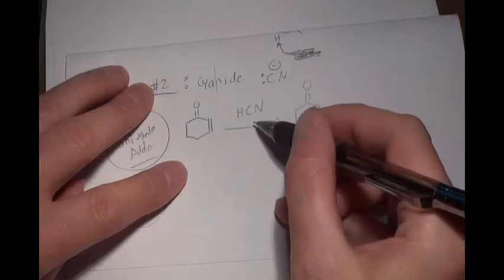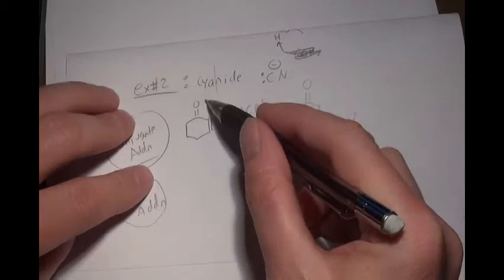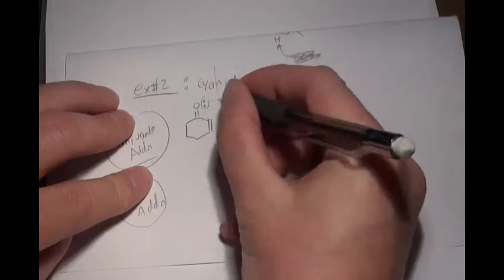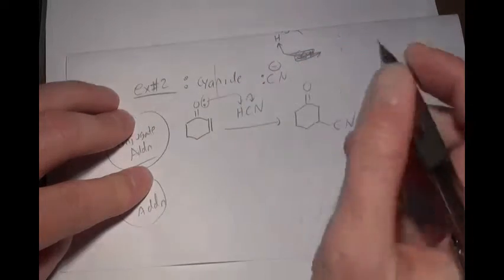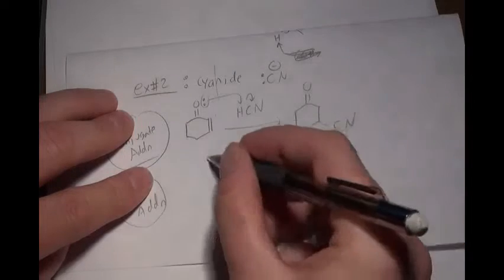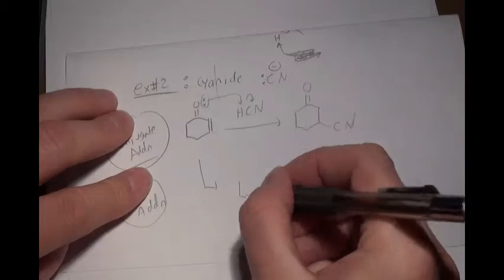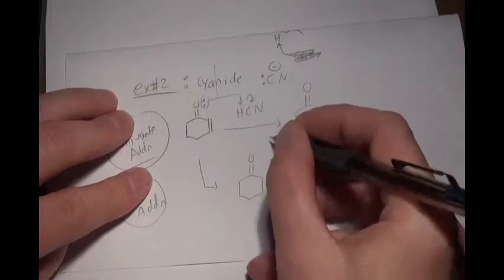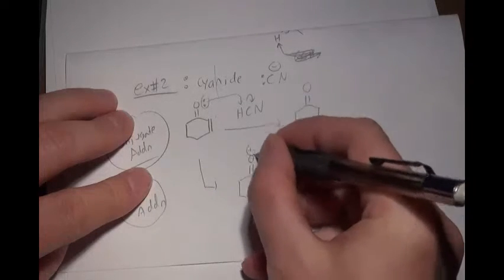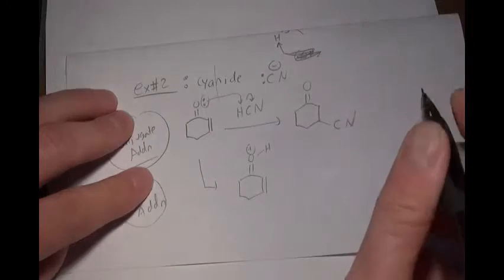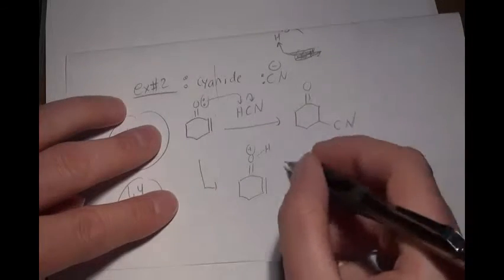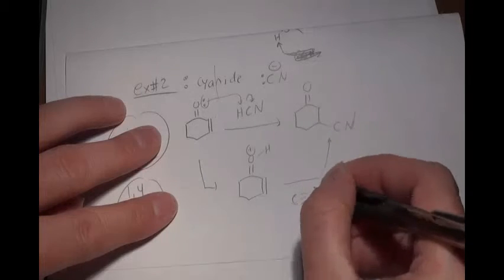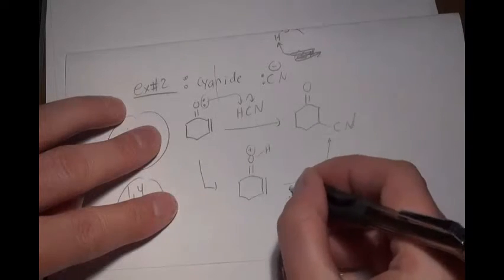Well, the HCN is an acid. We know ketones like to get protons from acids, so the ketone grabs a proton. Now, just to do this rapidly, have the cyanide attack. Where's it going to attack?